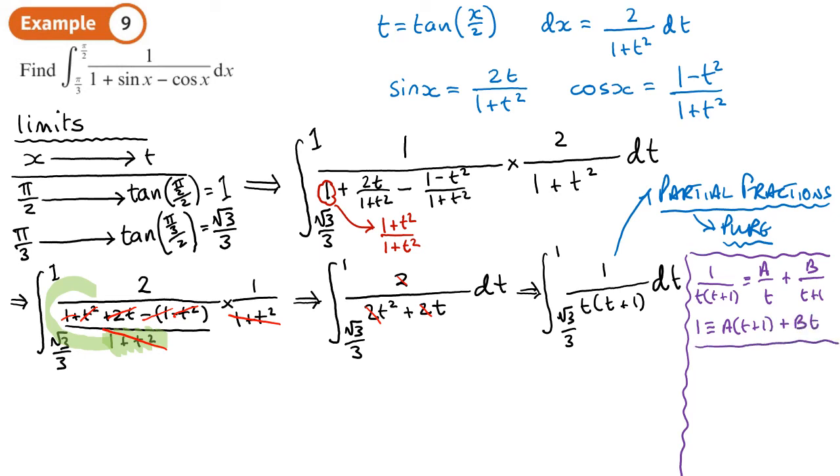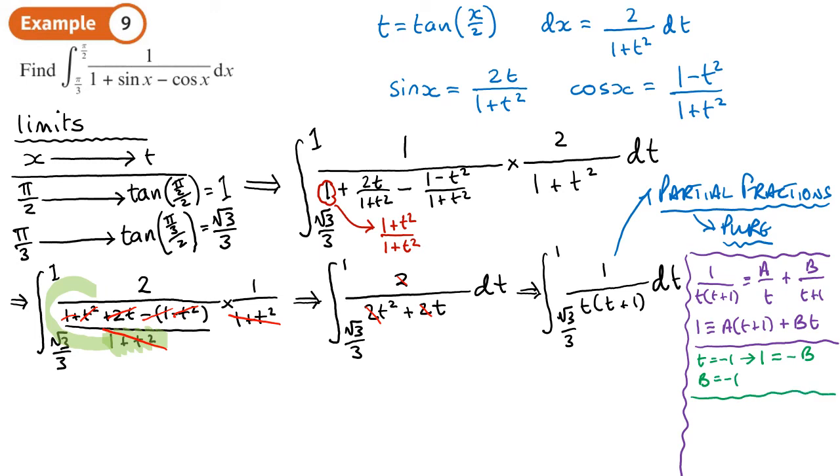Right, so let's start by making t equal to -1. That gives us 1 equals, now the a will go, negative 1 times b, so negative b equals 1, in other words b equals negative 1.